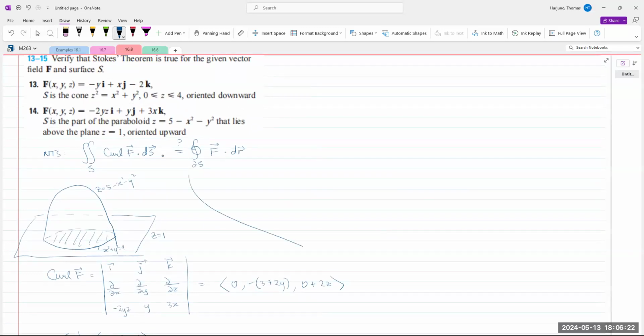Let's see what happens if I do the integral over the closed curve C of F dot dr. The curve C is parameterized by 2 cosine t, 2 sine t, and z is 1. So r prime of t will be negative 2 sine t, 2 cosine t, 0, for t from 0 to 2 pi.